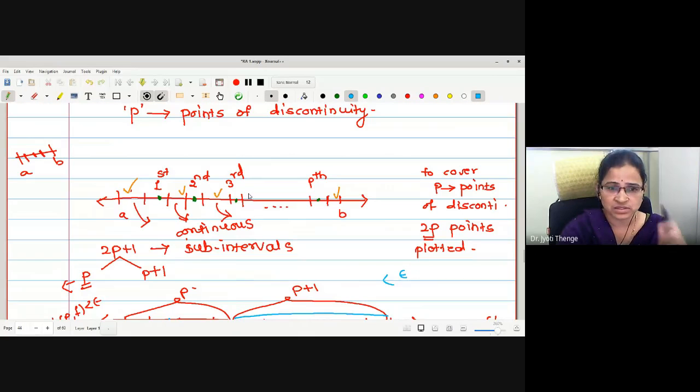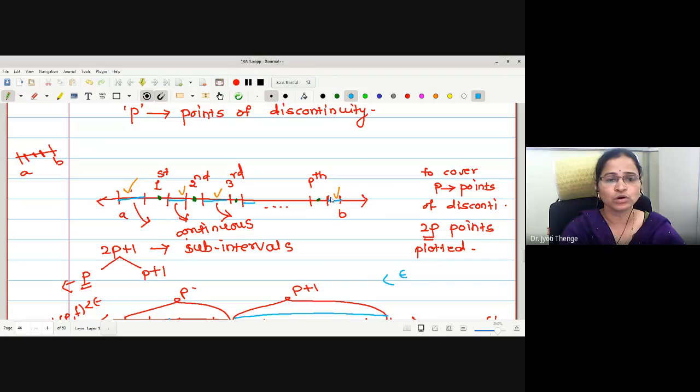Because as per this diagram, the subintervals over which the function is continuous are not necessarily coming together. They are split like this. This is the first interval over which the function is continuous, the second interval is here, the third interval is here, the fourth interval, and so on.